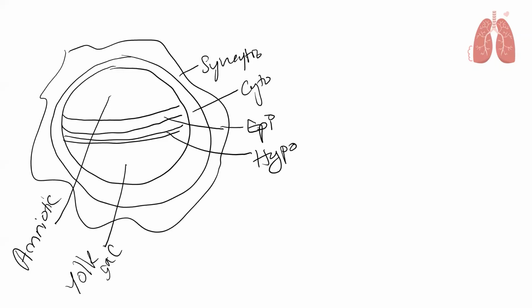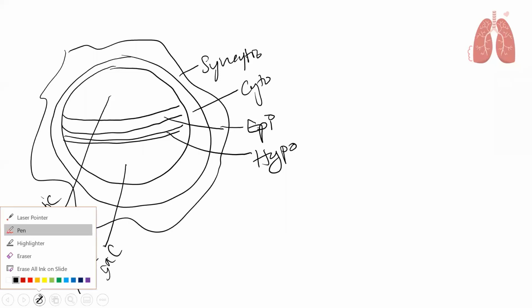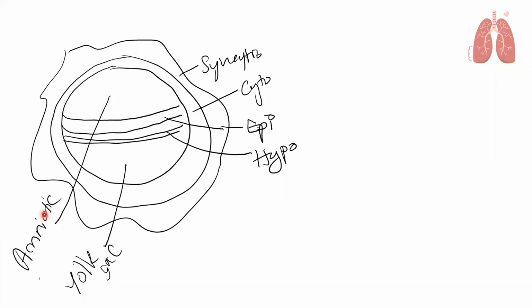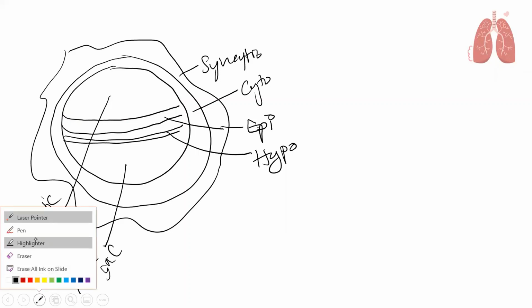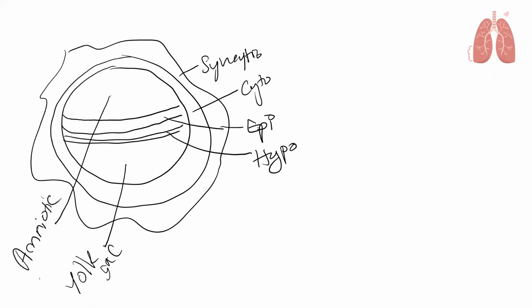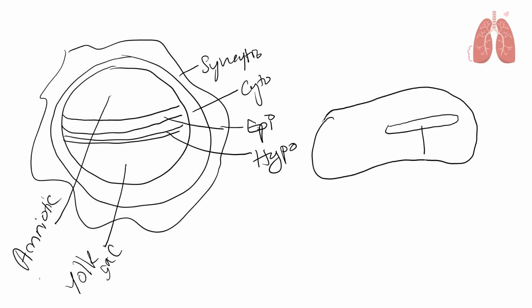If you look at the upper surface of the epiblast layer from above, you will see it as a plate. It's called the embryonic plate, and it is smooth shaped. In this layer, you get a streak, called the primitive streak.